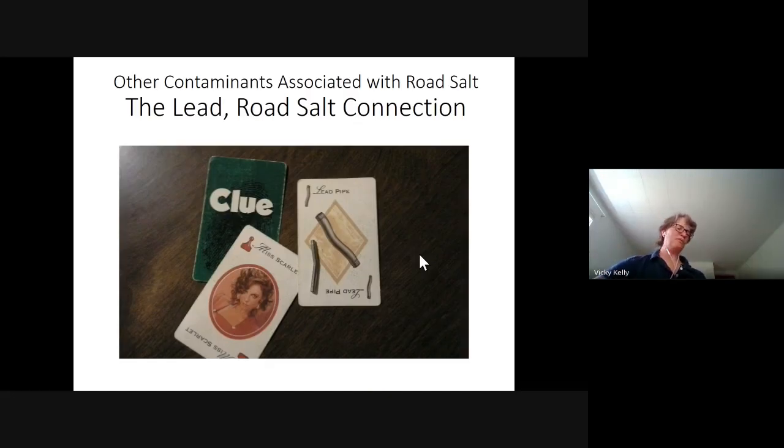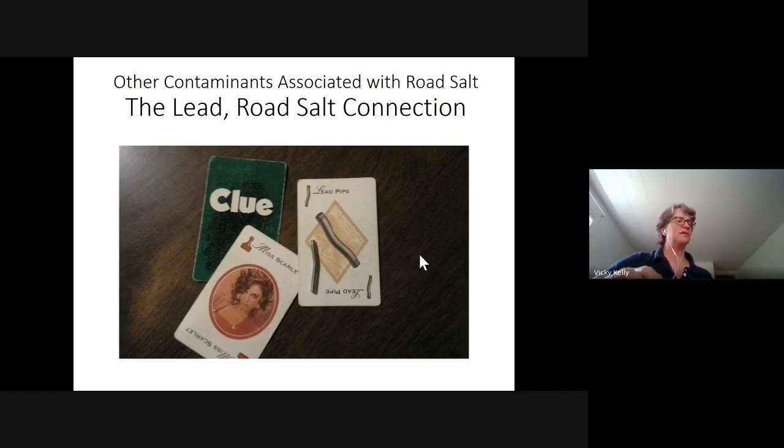All right, I'm going to switch directions a little bit again. There is increasing concern about co-contaminants with road salt, specifically lead. The Flint, Michigan water crisis revealed that the lead concentrations in drinking water increased when the chloride concentrations increased.